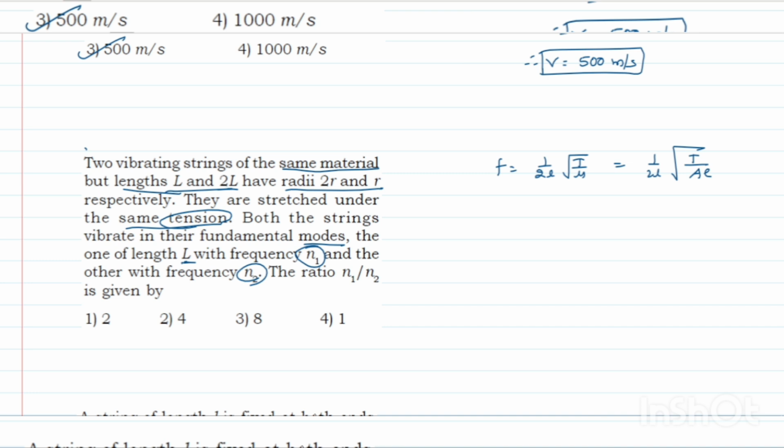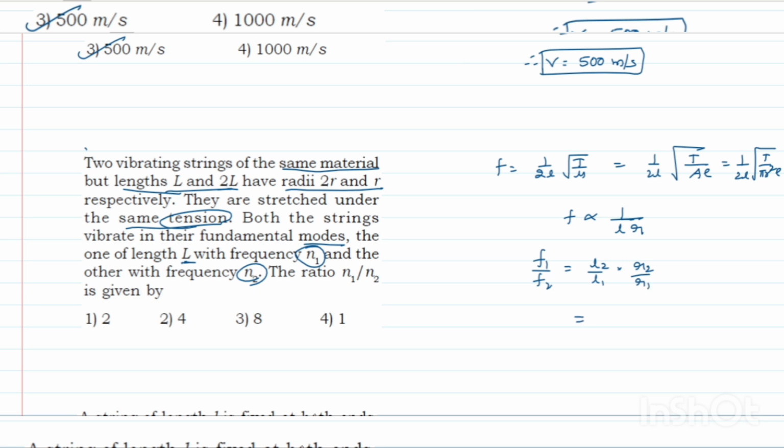A into rho gives 1 by 2L into root of T by pi r square into rho, students. The frequency is directly proportional to 1 by L. In the denominator, root r square is there, so you bring it outside and it becomes r. Then you can take the ratio F1 by F2, which is nothing but L2 by L1 into R2 by R1.